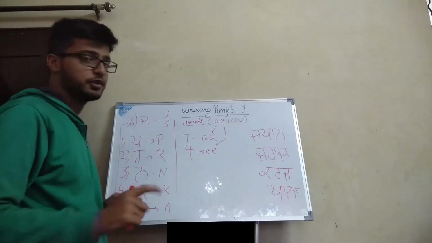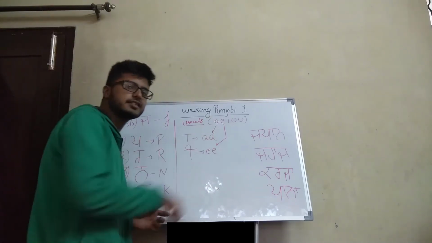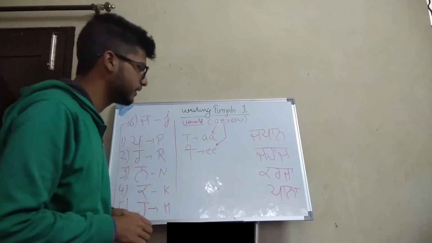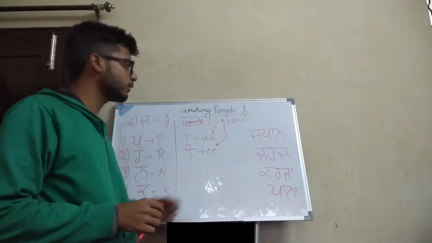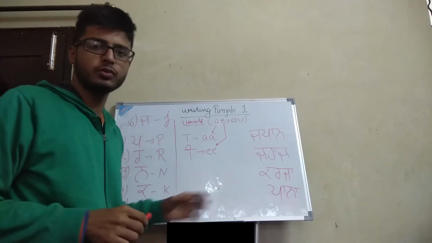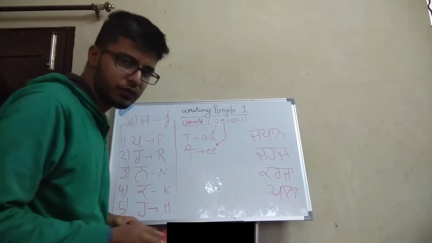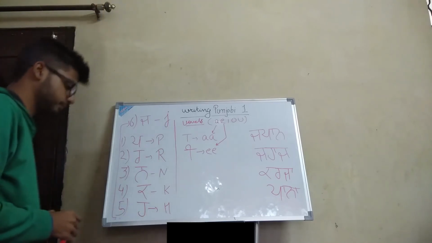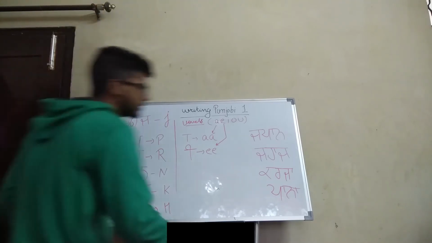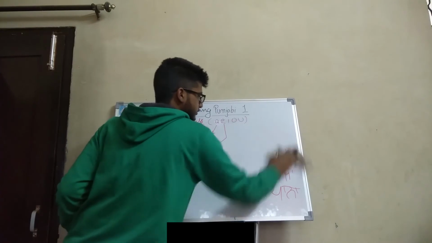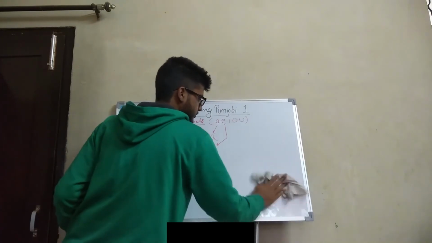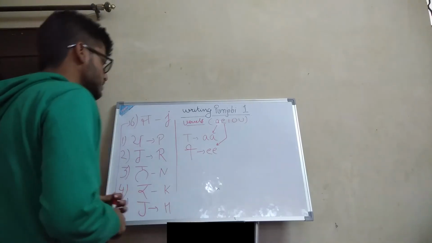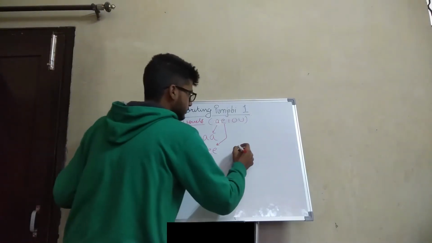So, if you remember, these are all those words shown to you in the starting of this video. And I suppose you might be able to read at least one or two out of these if you have watched the video with good concentration. So, let's write some other words. What about this?